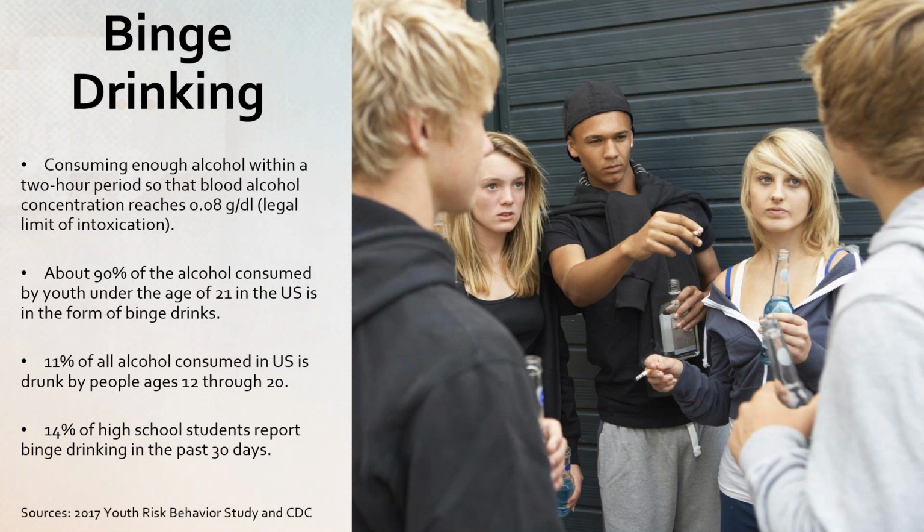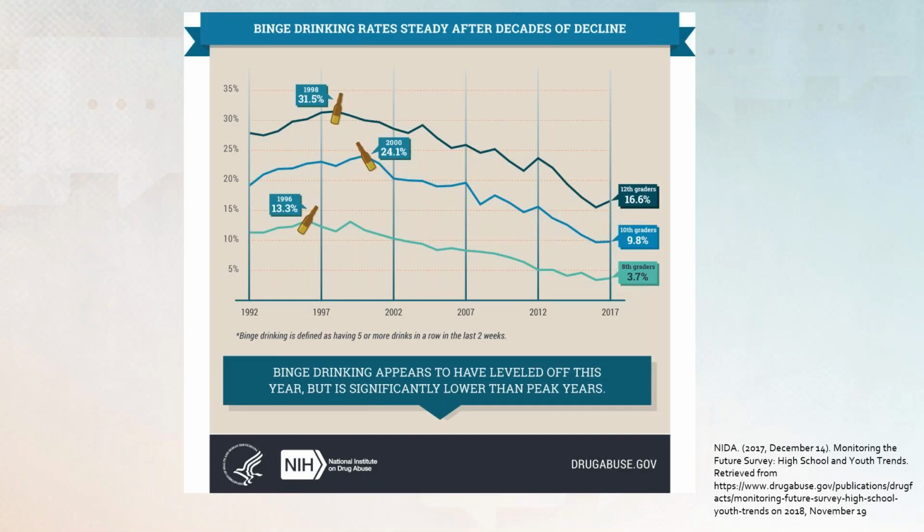So something to keep in mind with this is overall, the rate of binge drinking has actually declined. We are seeing that decline. This is the Monitoring the Future 2017 report. They are seeing decline amongst the 12th graders, 10th, and 8th graders.